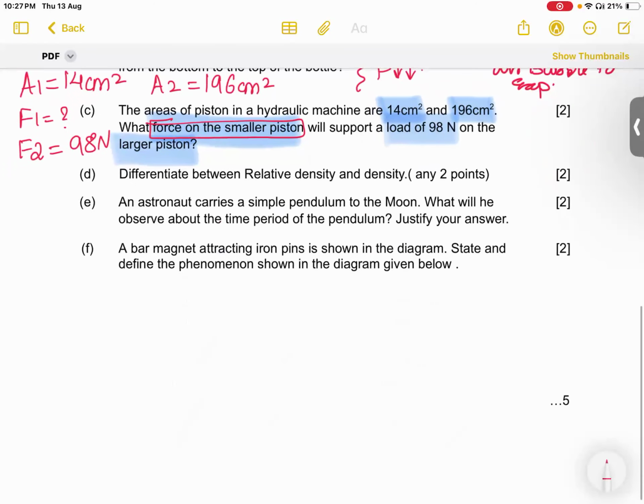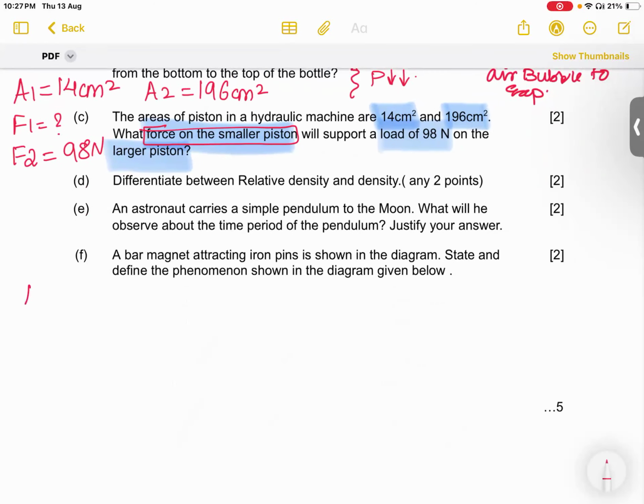I think I have a relation between them. So we will write here, as per Pascal's law, F1 upon A1 is equal to F2 upon A2. When I substitute, I'm supposed to find the value of F1.